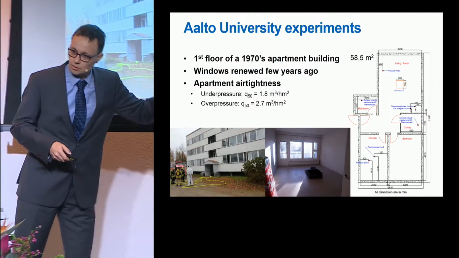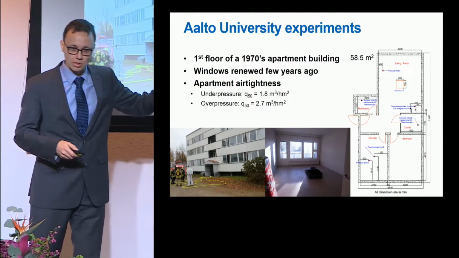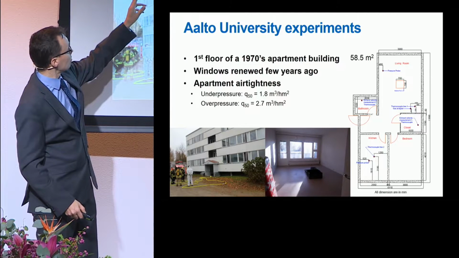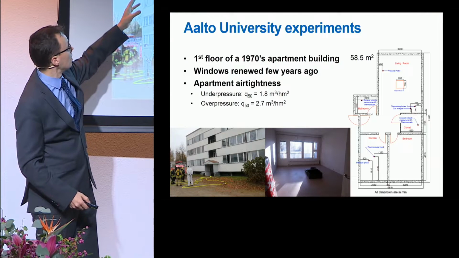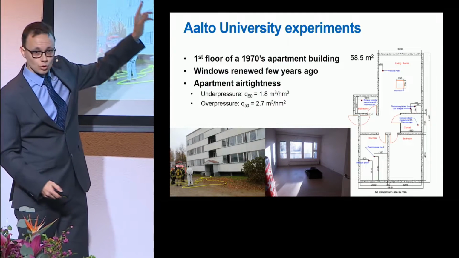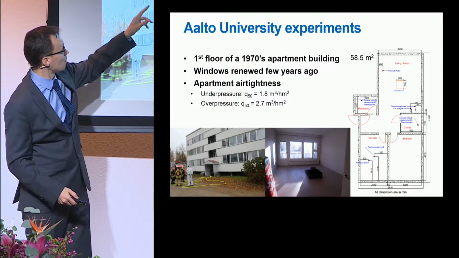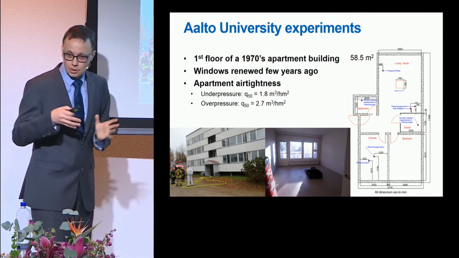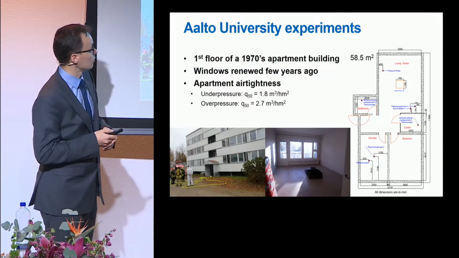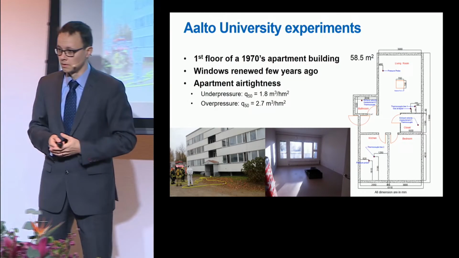They had renewed the windows quite recently, and if we measure the air tightness value, Q50, it was less than 2 cubic meters per hour per square meter if measured in under pressure mode. In over pressure mode, it was slightly higher, 2.7.